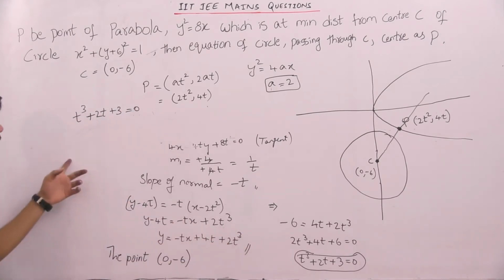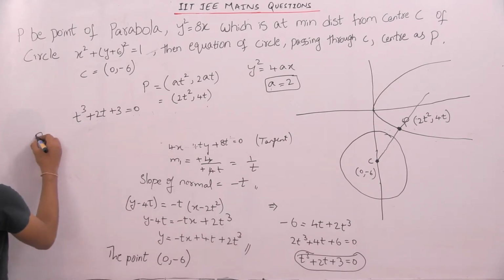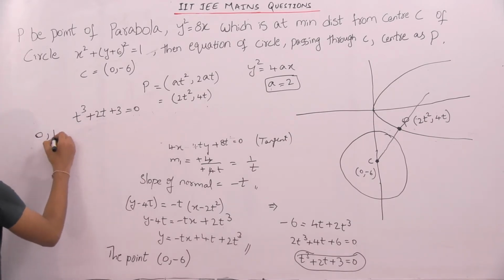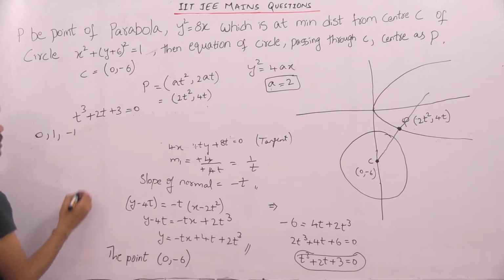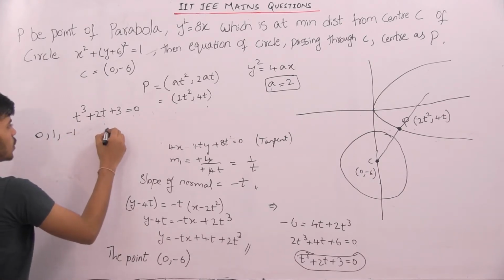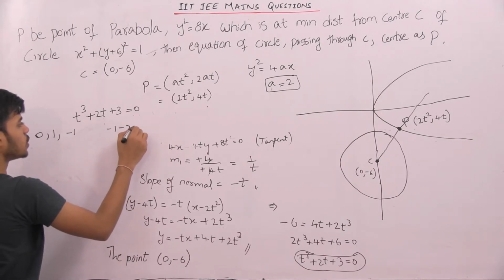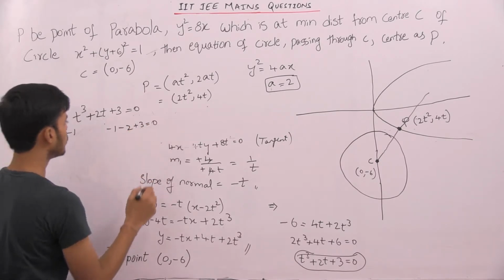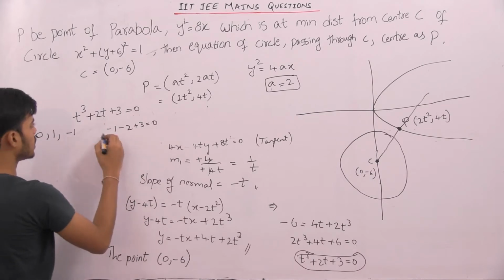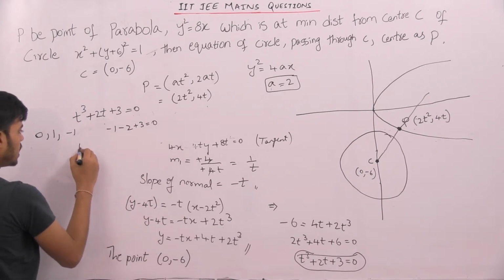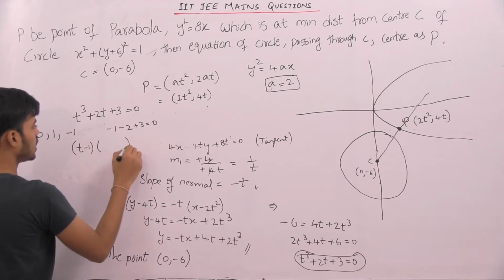Let's check if we have any root. 0 does not satisfy, 1 does not satisfy, minus 1 might be: minus 1 cube is minus 1, minus 2 plus 3 is 0. Hence minus 1 is a root, so (t plus 1) is a factor.